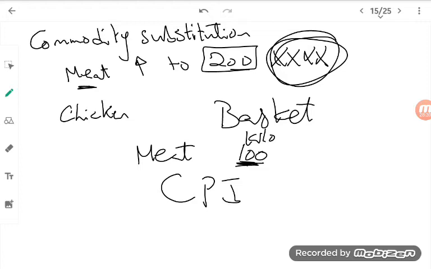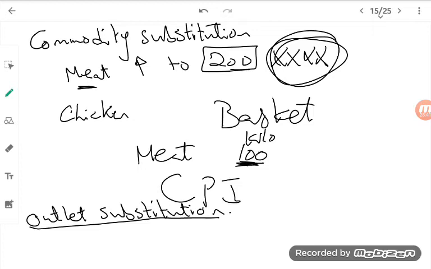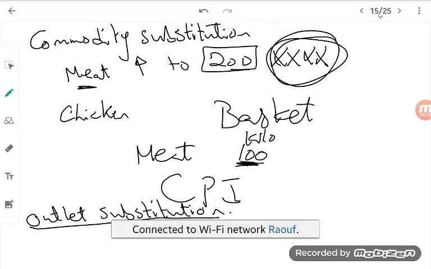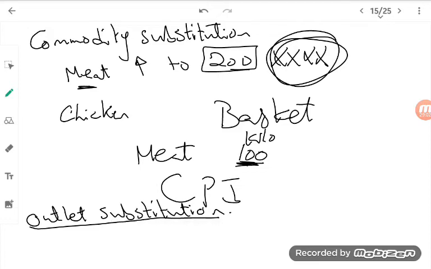Number 4, outlet substitution bias. You would like to buy a brand, but the price for, say for example, an Adidas t-shirt is 5,000. So you are not going to buy it in season, but you are going to buy it from an outlet store, or when there is a sale.